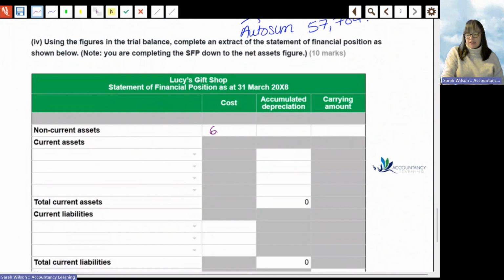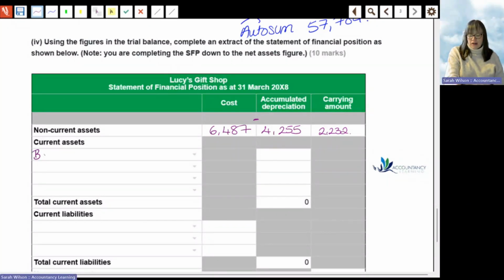So our fixtures and fittings were at a cost of £6,487, and there was £4,255 accumulated depreciation. So you now need to minus the accumulated depreciation off of the cost to get the carrying amount, to give 2,232.